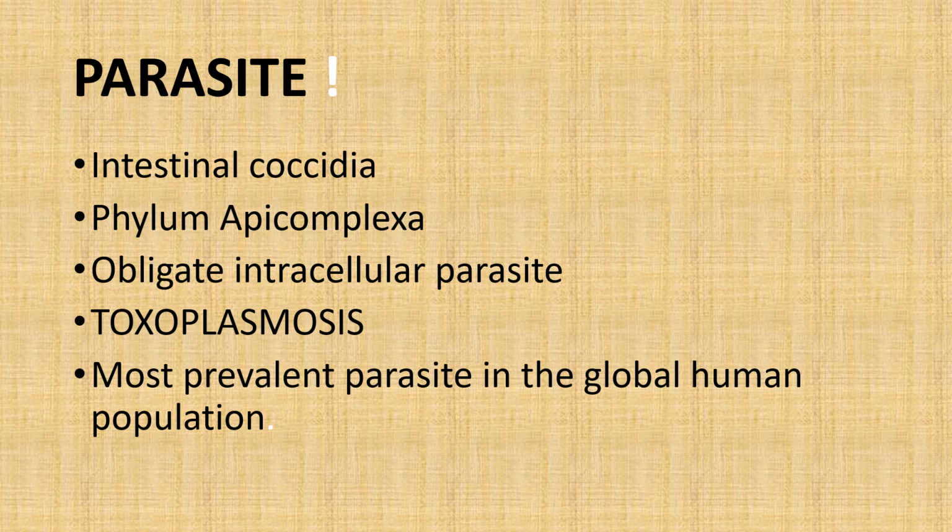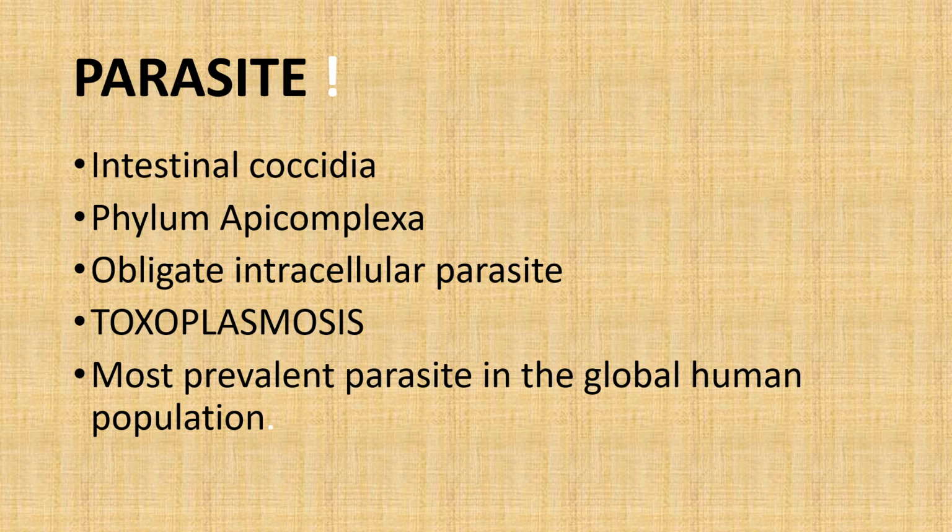It's a parasite. It's an intestinal coccidia, and it belongs to this phylum Apicomplexa, which is inclusive of some very, very interesting organisms. For instance, Plasmodium, Cryptosporidium, and Toxoplasma gondii itself, and many more organisms as well. All of these are basically obligate intracellular parasites, so they need a cellular environment to survive.